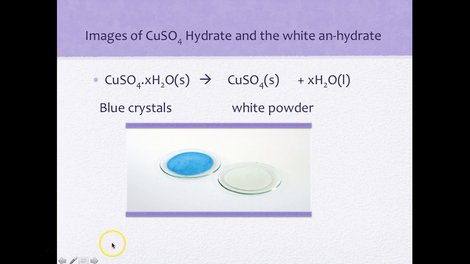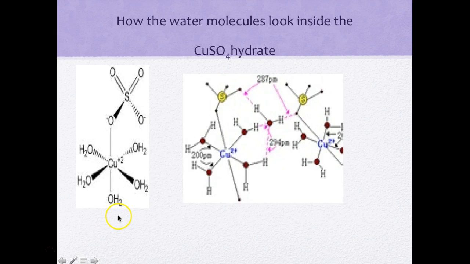We talked about this, and I'd shown you some previous pictures where you take this blue stuff, the copper 2 sulfate hydrate, and you heat it up and get the white powder, the anhydrate without the water. I had also shown you some pictures previously in the other lab where you're looking at the water of crystallization, those 5 water molecules strongly attracted to the positive copper.